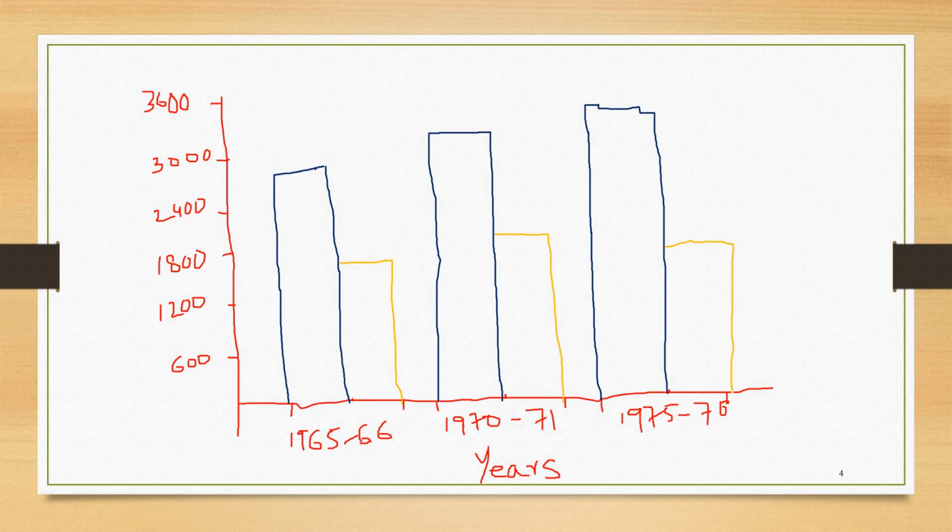Okay. This yellow shows production and the blue bar shows area of the field.